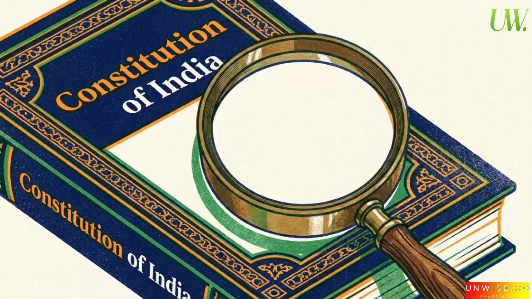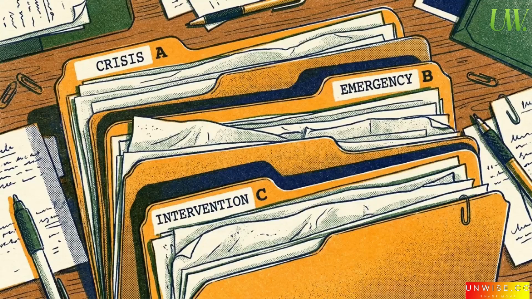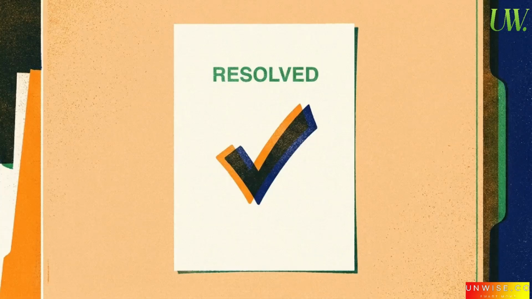You won't find these committees in the Constitution. They are extra-constitutional bodies, established entirely by the Prime Minister under the Transaction of Business Rules of 1961. The Prime Minister also utilizes groups of ministers, ad hoc bodies formed rapidly to navigate specific emergent crises, and then disbanded once a solution is crystallized.